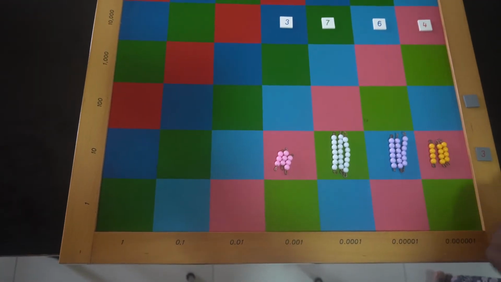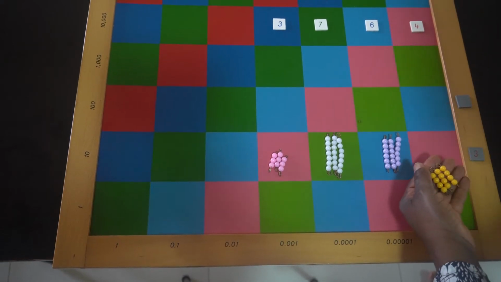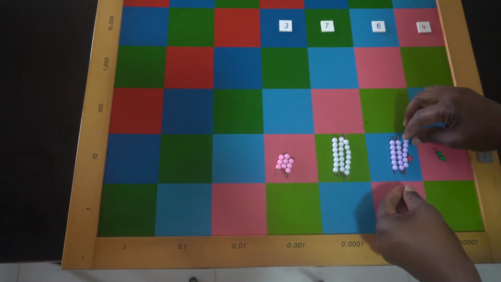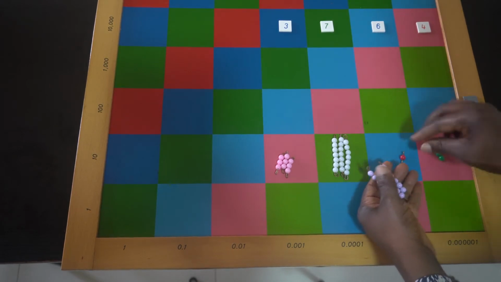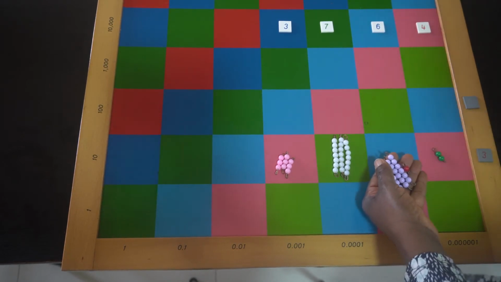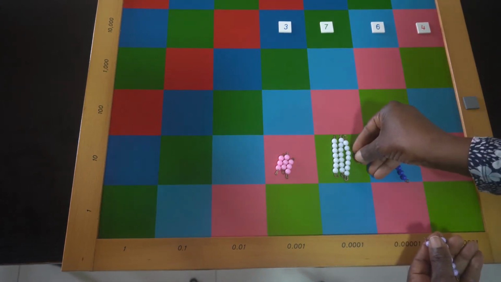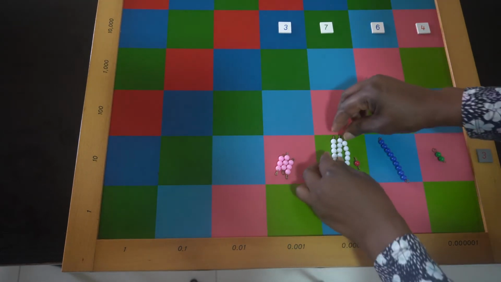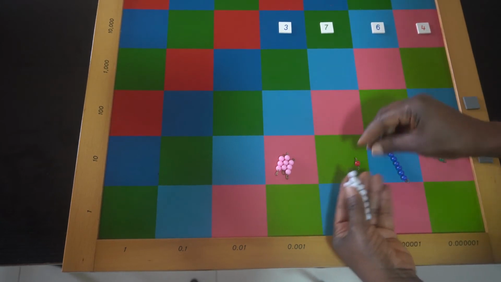Let's do the exchange. This is 4, this is 12. 18, 19, 14, 21, 22.